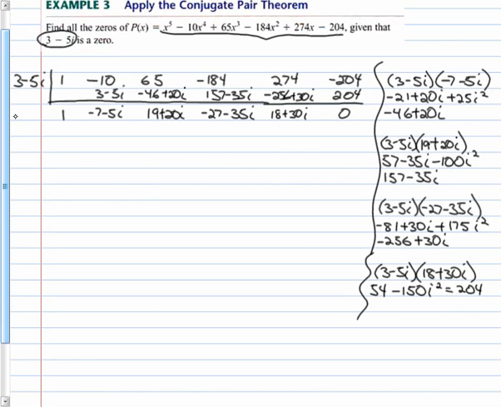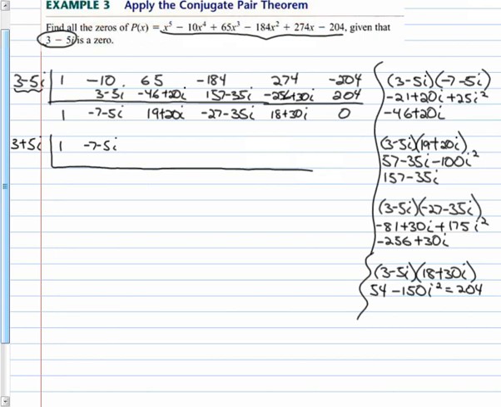Woo! Now, this might seem like terrible news, but it's really not. 3 minus 5i, that means 3 plus 5i is also a zero. This one is much easier. You're going to see how this one turns out to be much easier to do. I use my reduced polynomial. 1, negative 7. By the way, you could put the x's back in. These are complex coefficients.